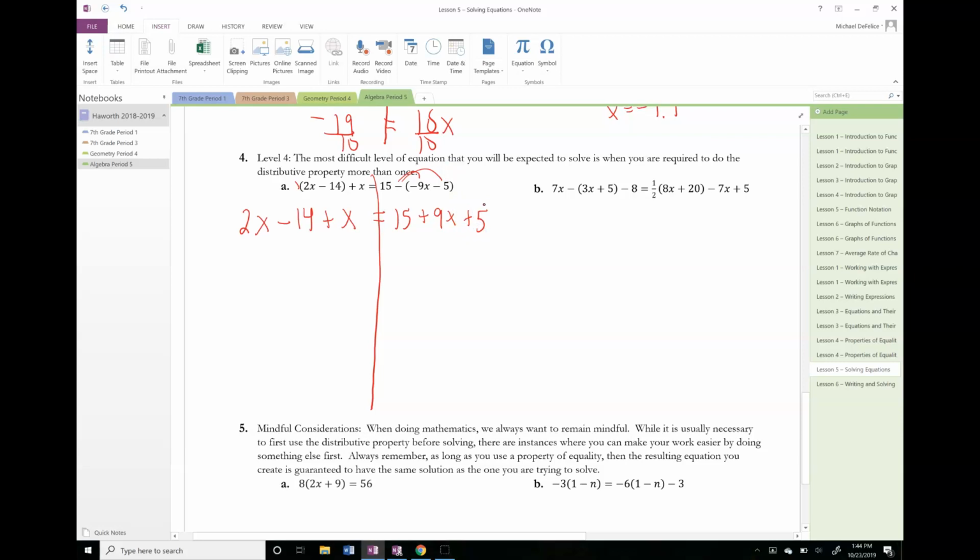All right, now I see like terms in each of these expressions. 2x plus x is 3x minus 14 equals, on the other side, I have no like term with the x variable, but I do have 15 plus 5, which would make 20.